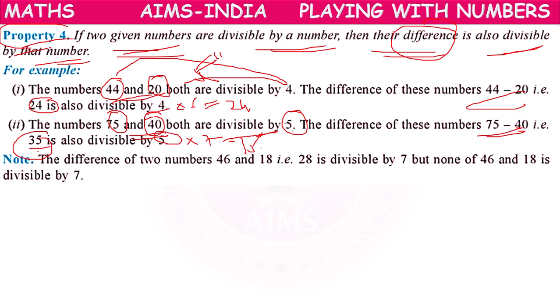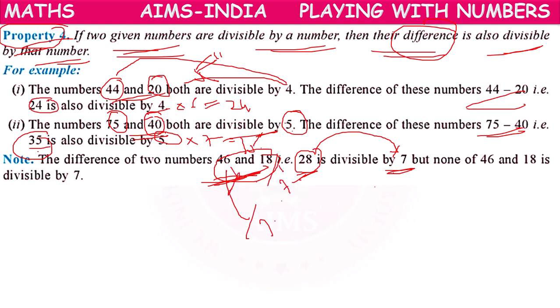Okay, children, this property is also proved by examples. But if you take it in reverse, 28 is divisible by 7. The difference of 46 and 28 is 18; if 28 is divisible by 7, it is not compulsory that 46 and 18 are divisible by 7. They are not divisible by 7. Why?